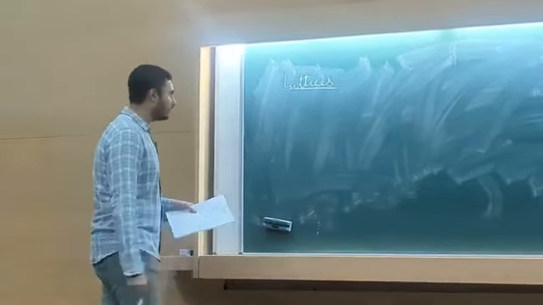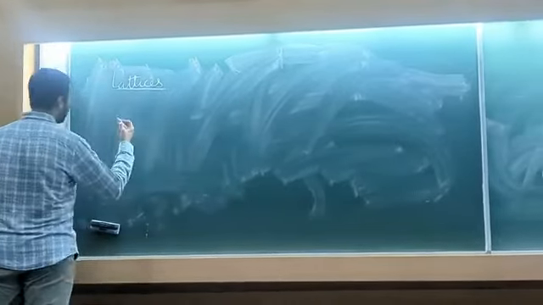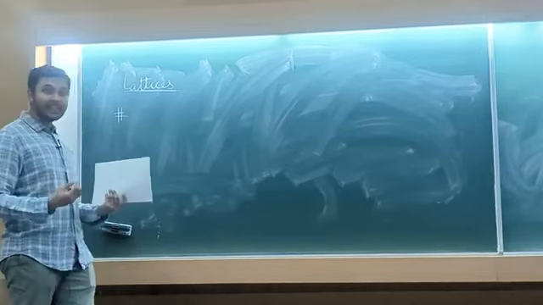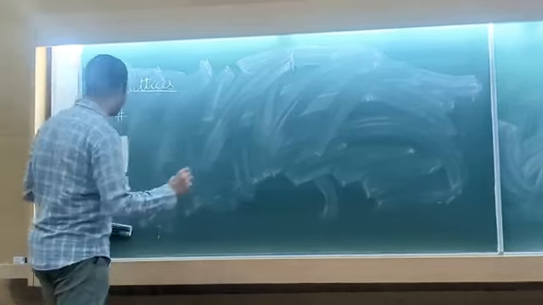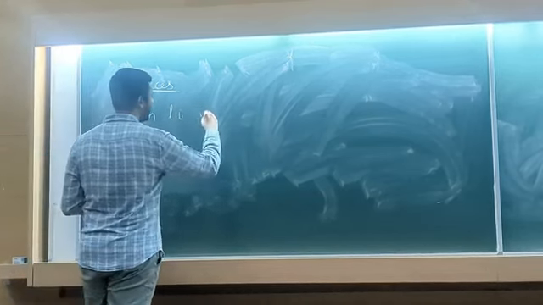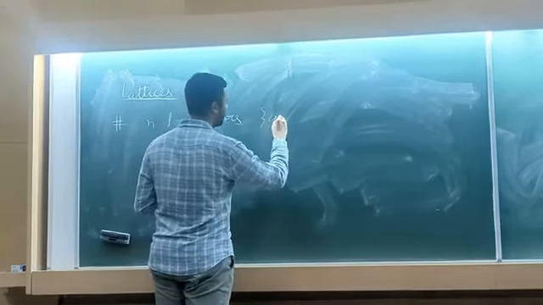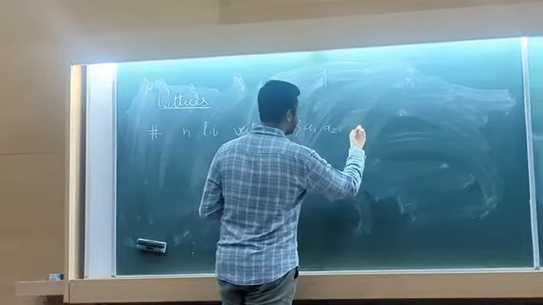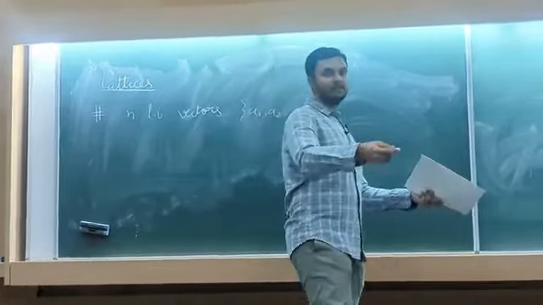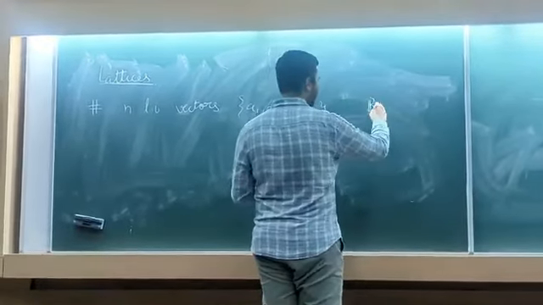Right, so let me start. What is a lattice? So I need n linearly independent vectors, first of all, such that all of them are in m-dimensional space.